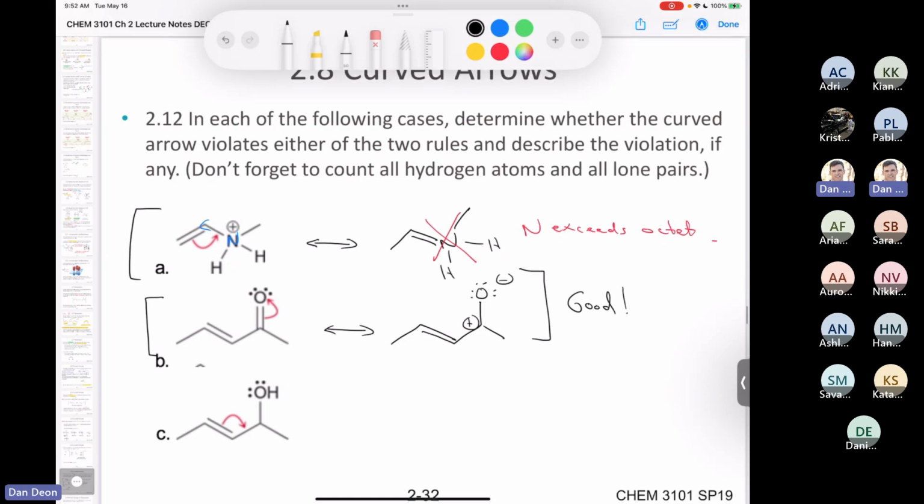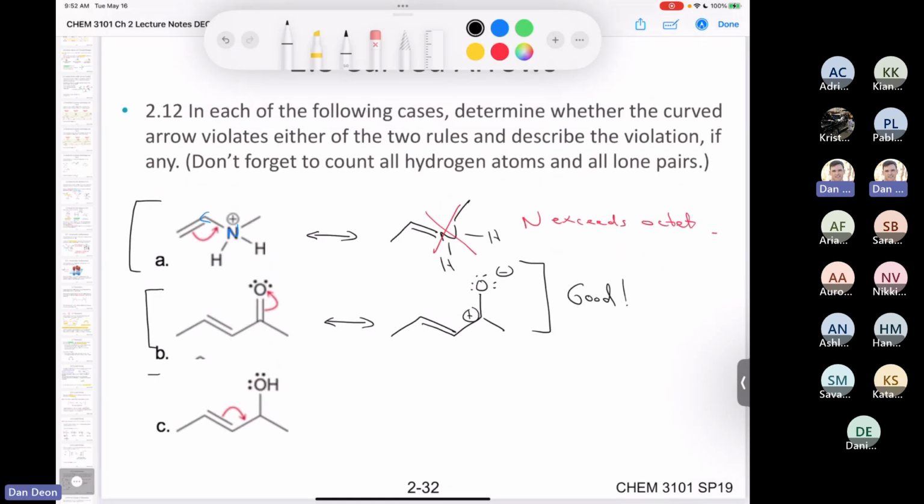And if I draw the next one, I put my open bracket, draw my resonance arrow. So what am I going to do? I'm going to have this, and then I'm going to have a double bond here. Is there a problem with this one? I say there's a big problem with this one.